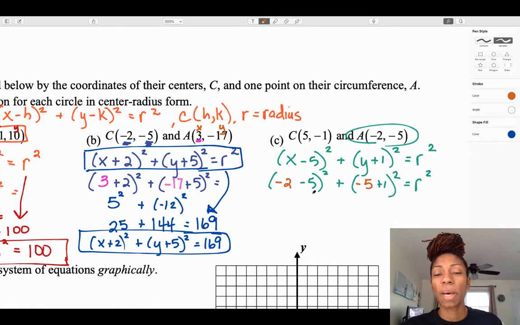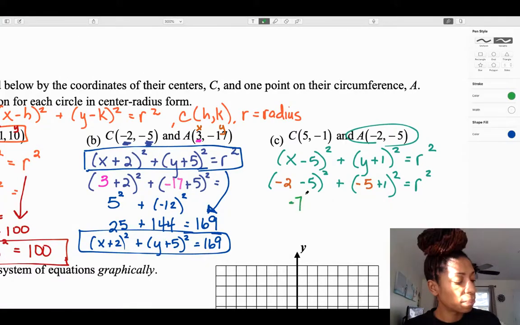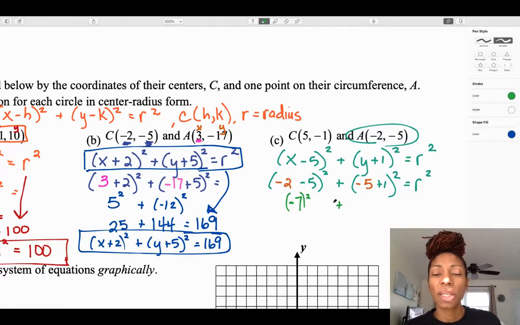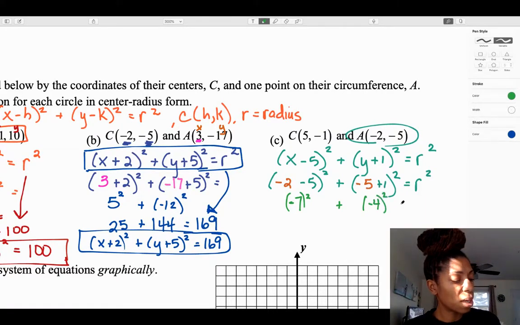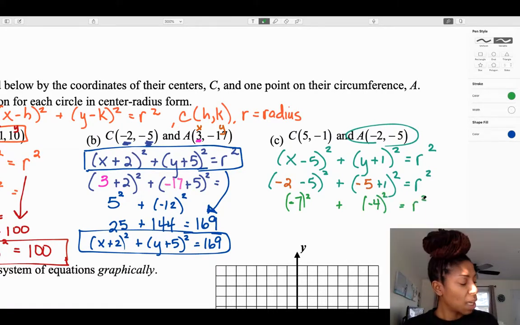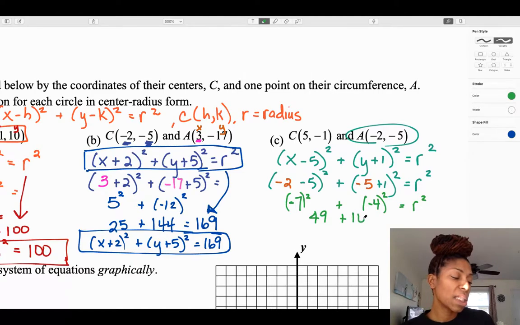So negative 2 minus 5 is negative 7. And negative 5 plus 1 is negative 4 squared. So negative 7 squared is 49. And negative 4 squared is 16.